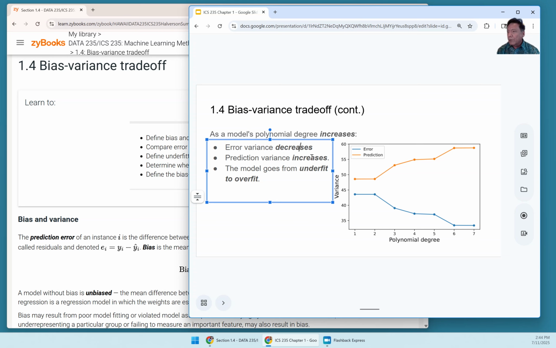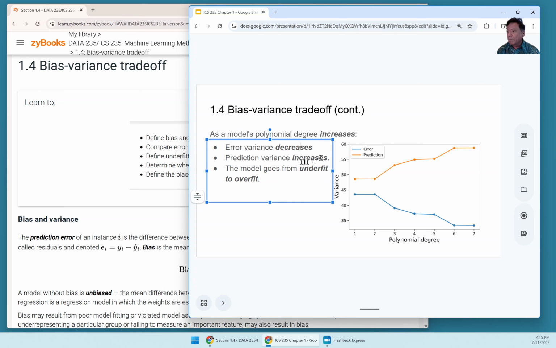The prediction variance increases, because you have to think about this, and it's not instinctive in chapter 1, but we're going to be looking at this a lot over the next 6 weeks, and at the end, these things should be more instinctive for you.